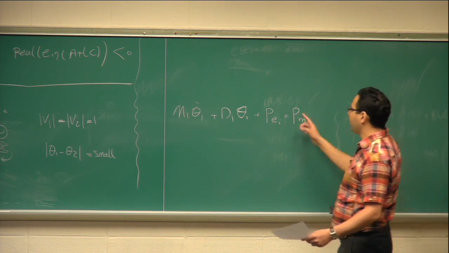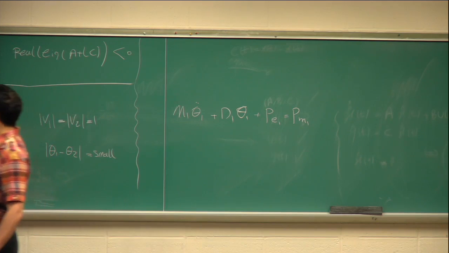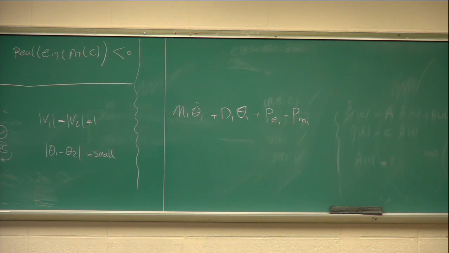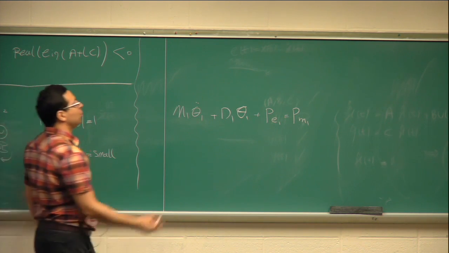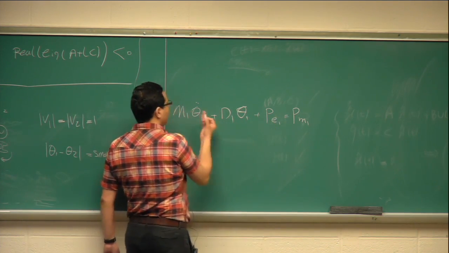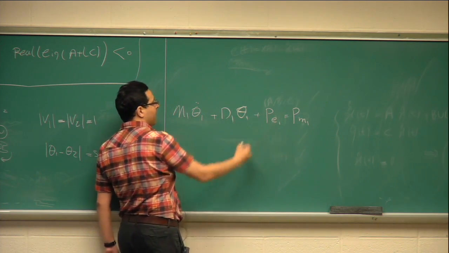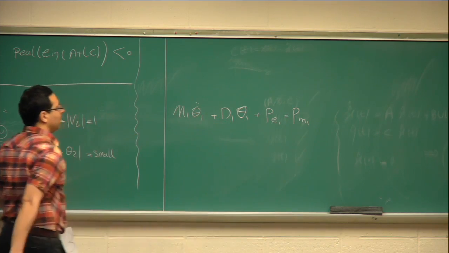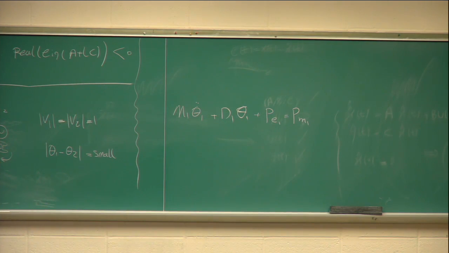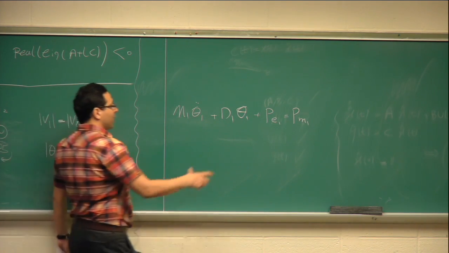If I apply mechanical power to this system, P electrical comes out of that. The relationship between these two is given by a second order equation, inertia, damping, and friction for example, and the difference between power transfer.